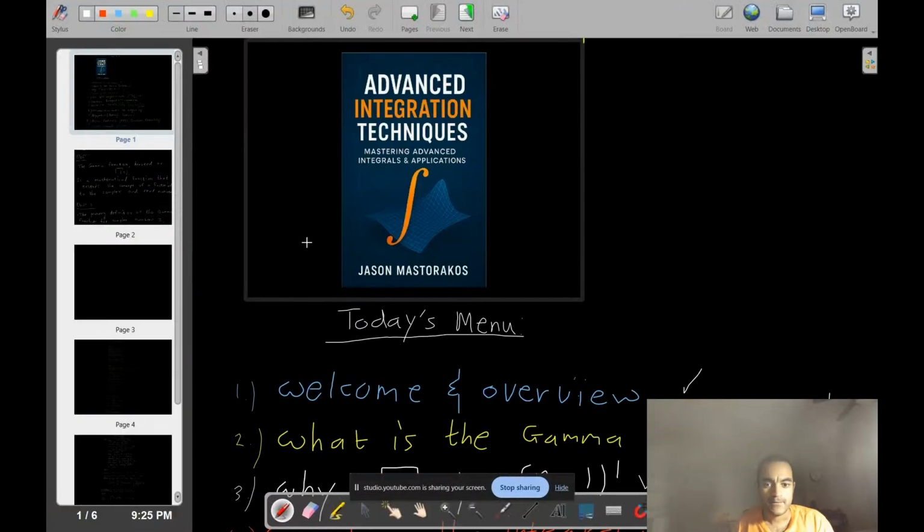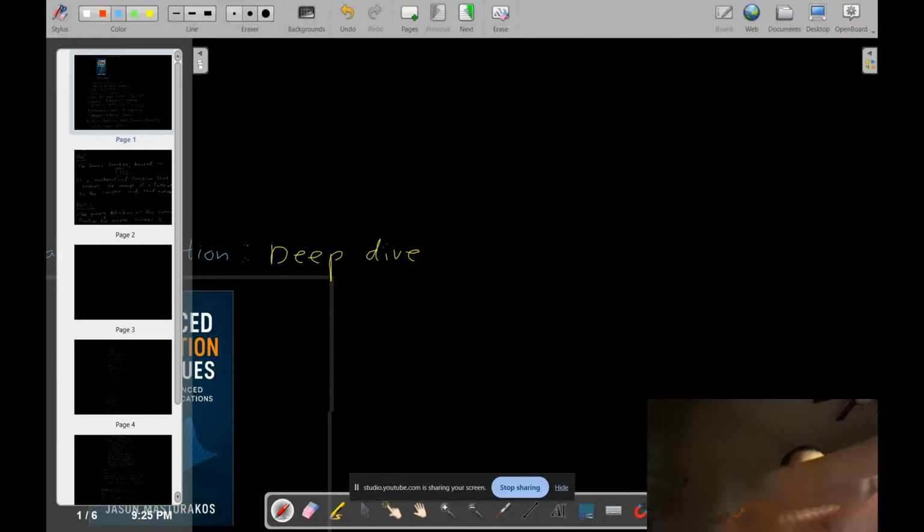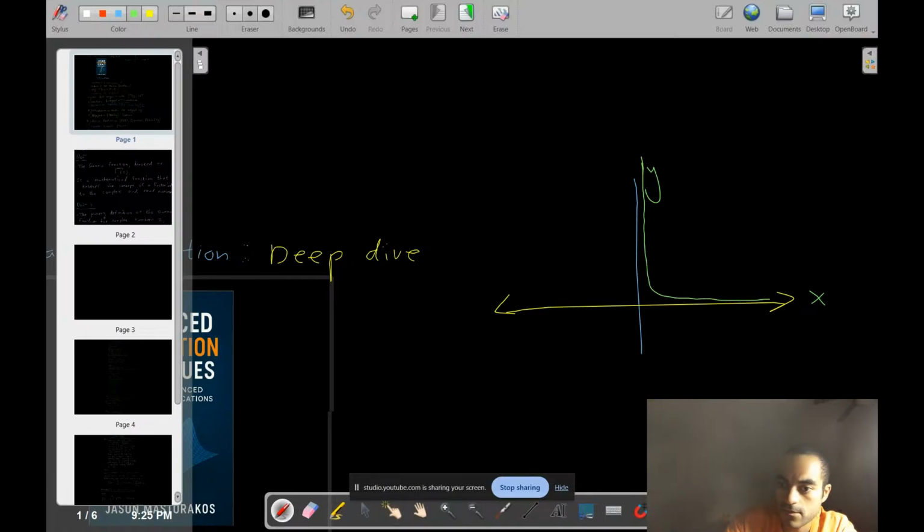All right, so if you look at a graph here, y equals 1 over x looks like this. It behaves like this. You can see that there is a vertical and horizontal asymptote. That's not exactly accurate at the bottom, but I hope you get the point.